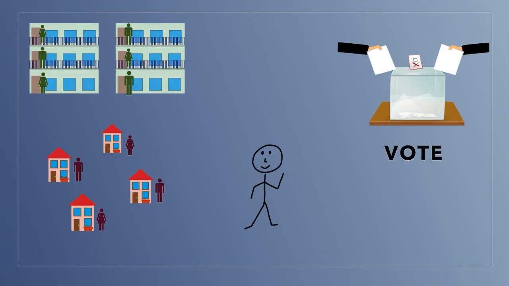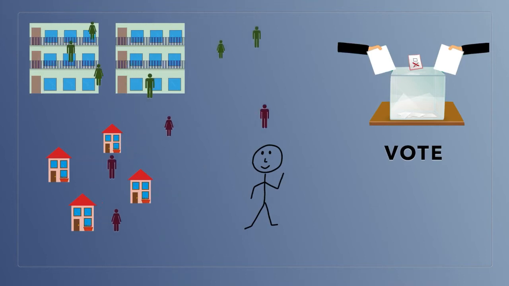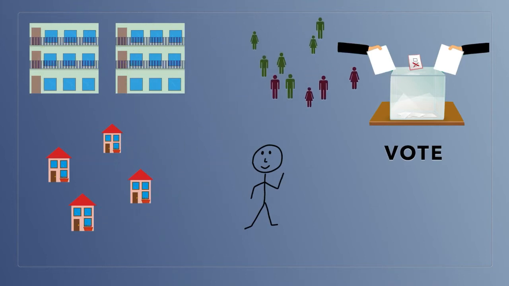One way to do this will be to have one person from each family go to vote. So in this example, there are 6 families that would want the hospital and 4 families would want the airport. So the hospital would win.